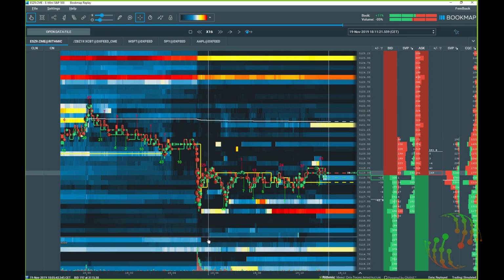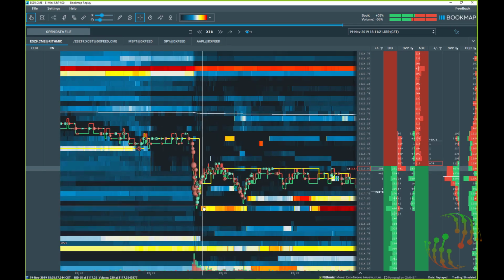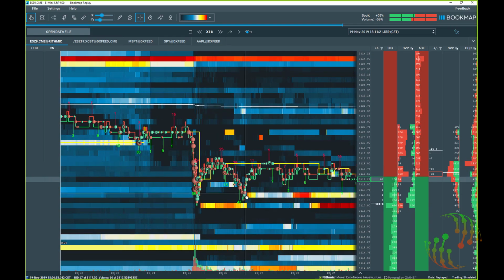What I want to stress is that there's no volume because all energy was absorbed on this way down here. And no volume means there are no sellers anymore to push the price down.